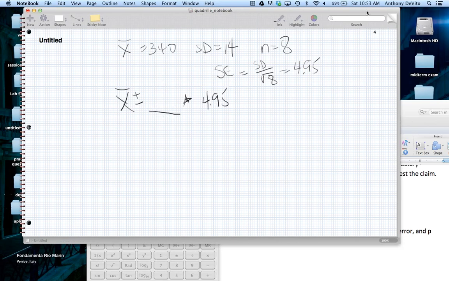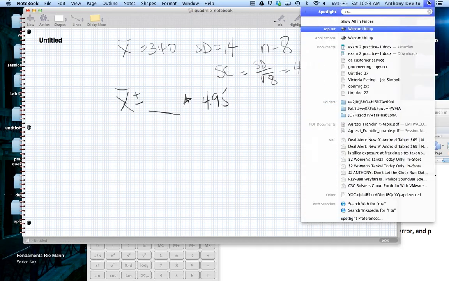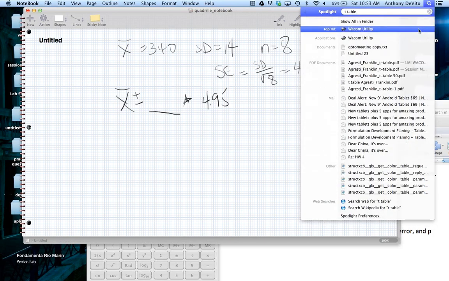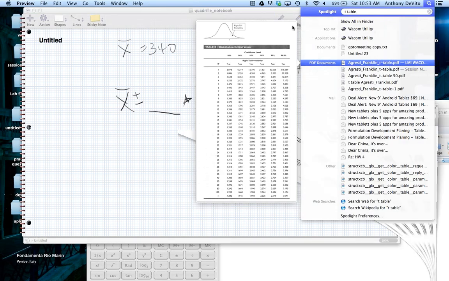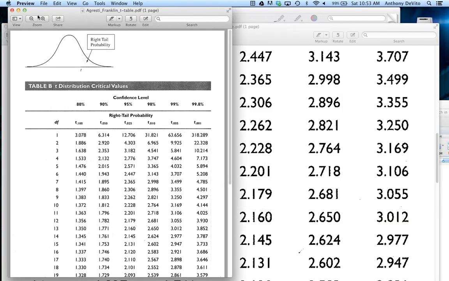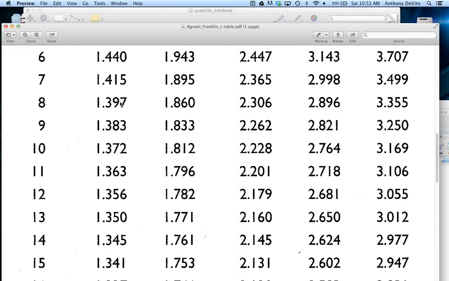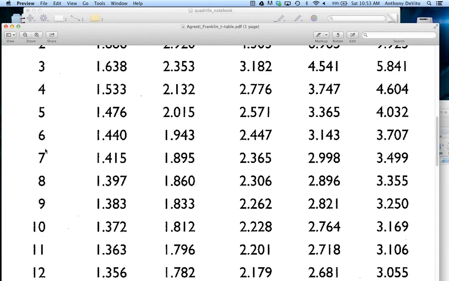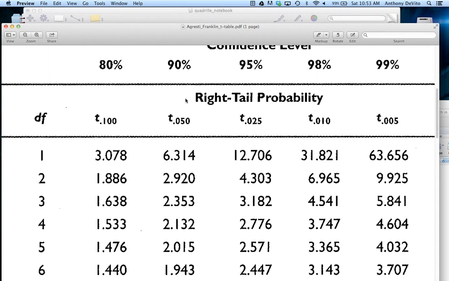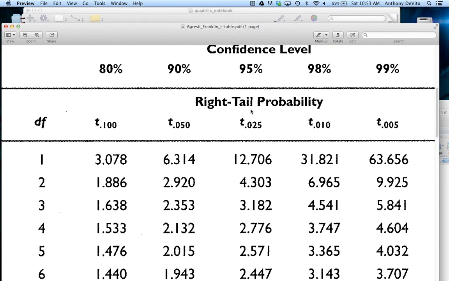Well, I need a t-table to decide what that number is. Okay, let me pull up a copy of the t-table. And for a sample size of 8, we're going to be 7 degrees of freedom, and the column we're going to want to be in is a 95% confidence interval.